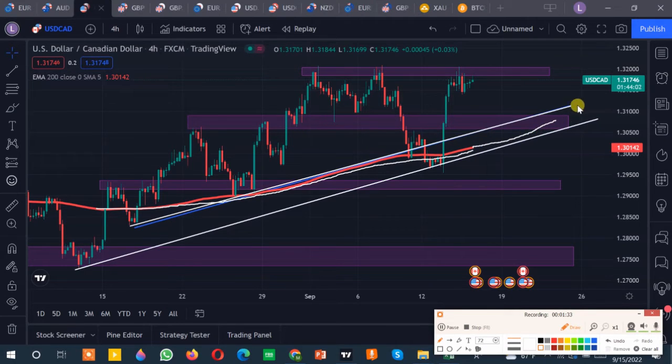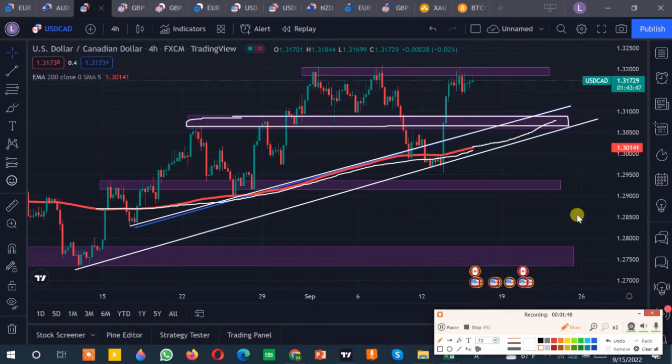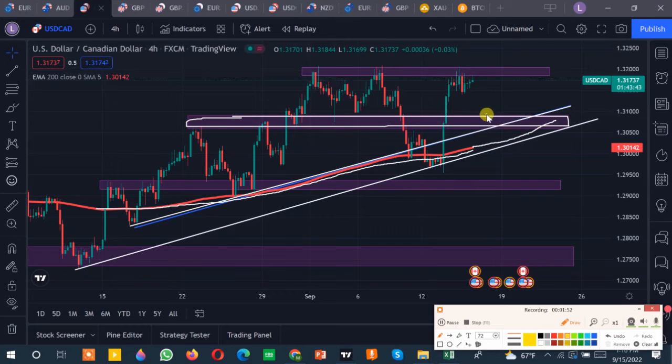So it is a trend line support, it is a dynamic support confirmed by the 200 EMA line, it is a horizontal support area. So we can expect that this is a good area for sell entry.